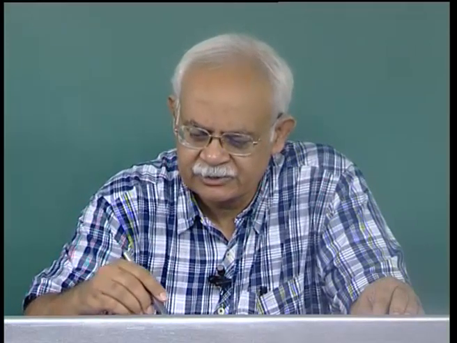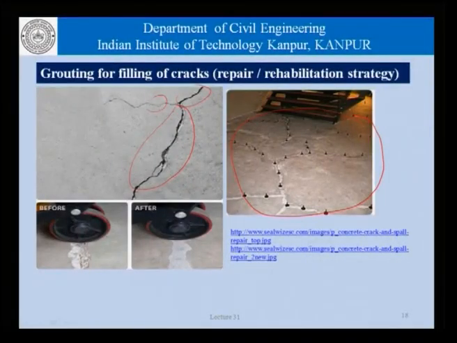How this filling process works is shown here in this picture. We see that the cracks are sealed. These are nipples which are left in place and used for the grouting operation. So, once we start filling here, the grout starts flowing inside the material, inside the concrete, and then appears in neighboring nipples.